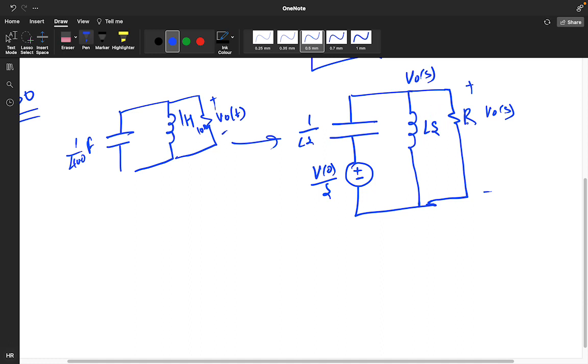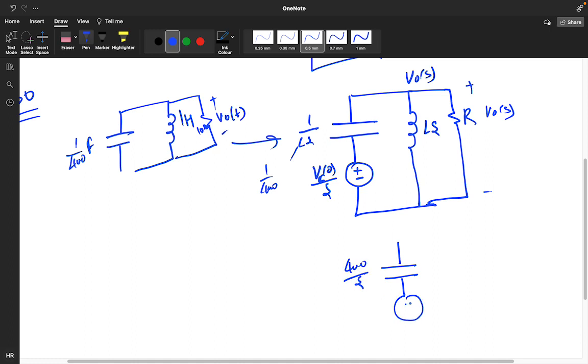V naught of S, if you want to find, you can easily get this. This is V naught C, the capacitor value. If you substitute the value, 1 by C is 1 by 400, so it will go upside, so 400 by S will come.